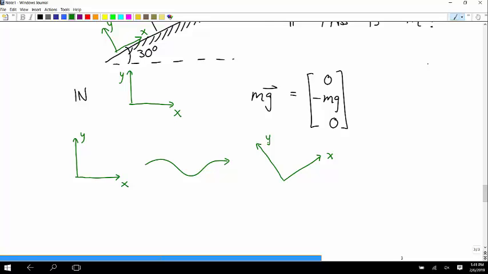Positive 30 about z. That's exactly right, because for the z-axis, x cross y is z. So the z-axis is this way, and if we're trying to tip this one up like this, the right-hand rule says that's in the positive z direction. The angle is positive 30.